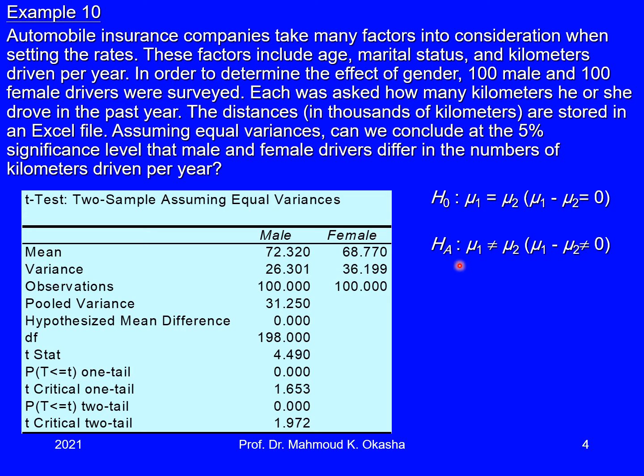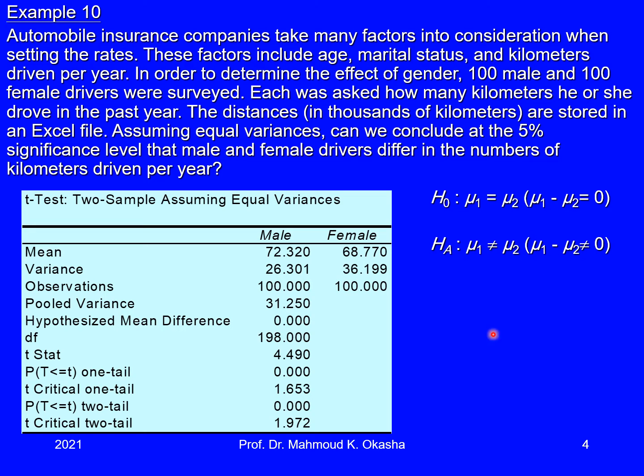The alternative hypothesis, which is the one we test, is mu1 does not equal mu2, or mu1 minus mu2 does not equal 0. Are they different or not?